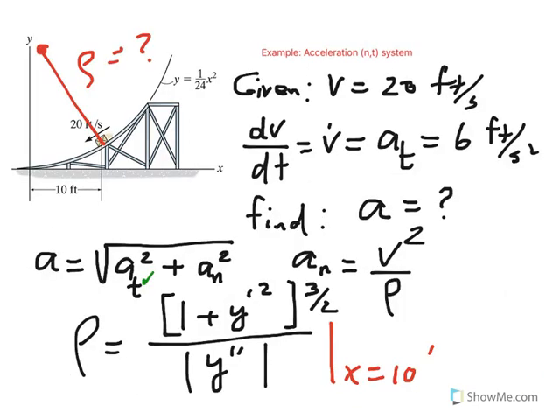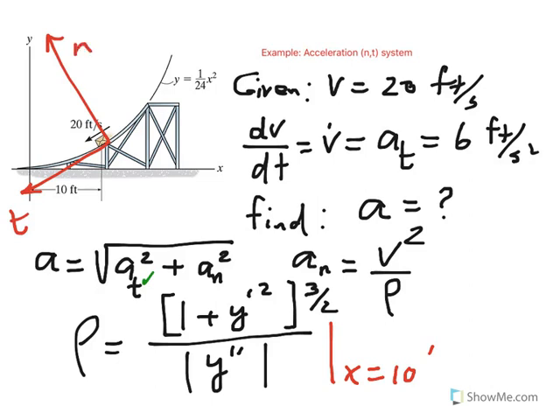So that's the answer, magnitude at that instant. Let me quickly show you what's going on here. This is the tangential axis at that instant, and this is the normal axis pointing toward the center of curvature.